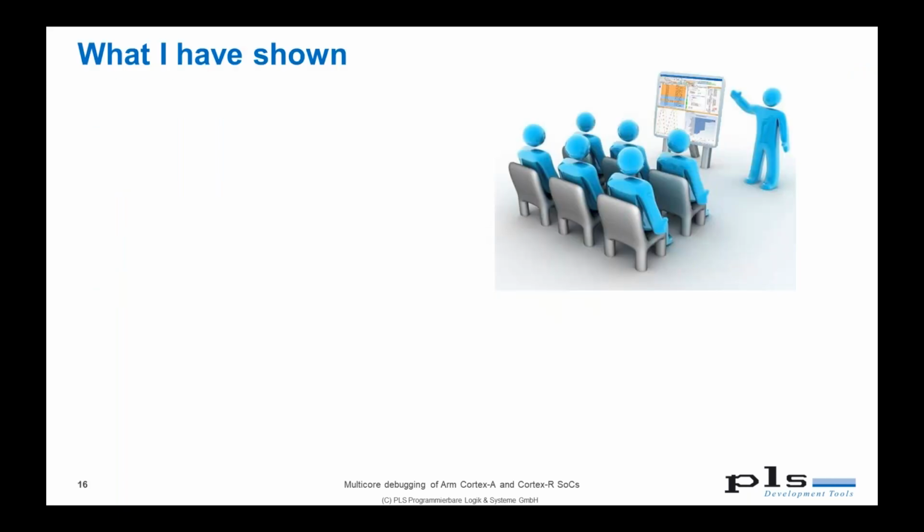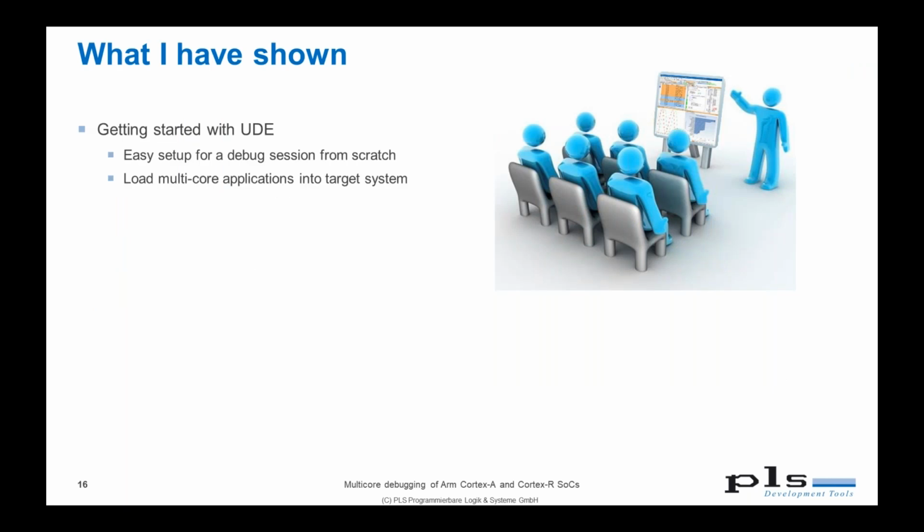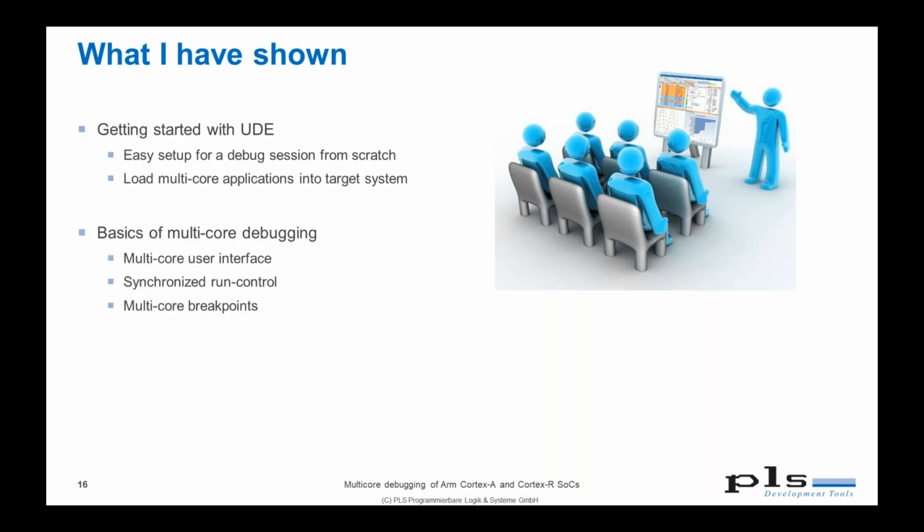So let's sum up. Time is up. I've shown you how to set up a debug session, a workspace with UDE, and load the target application. Then we did some basic multicore debugging of this bare metal application.